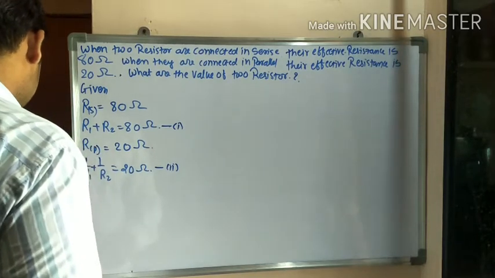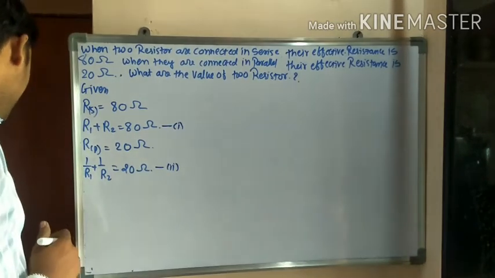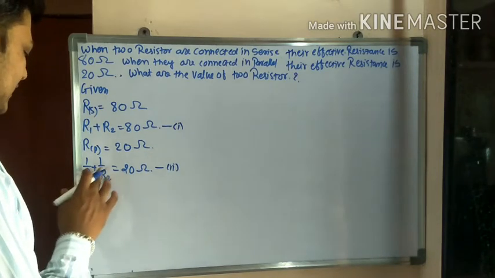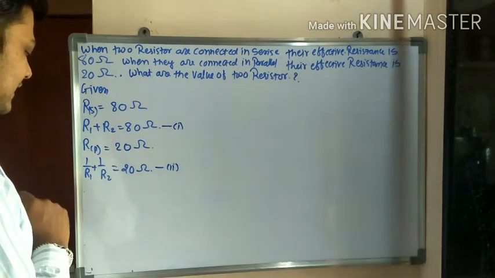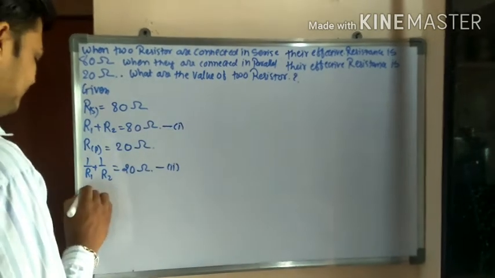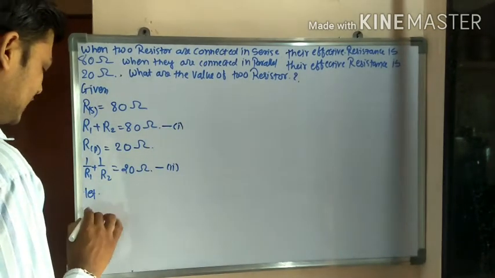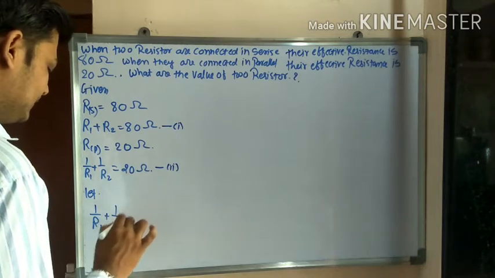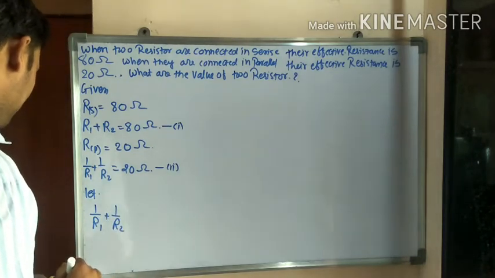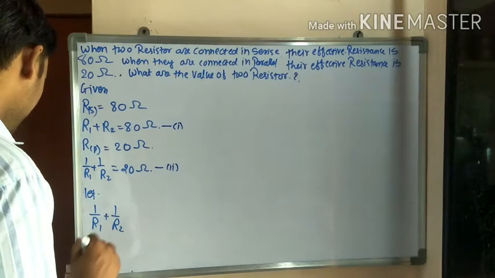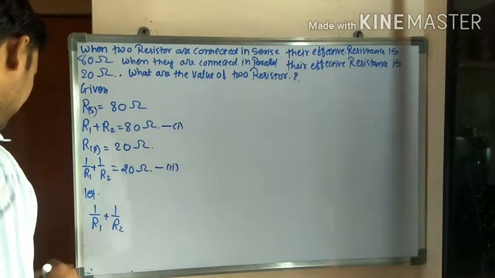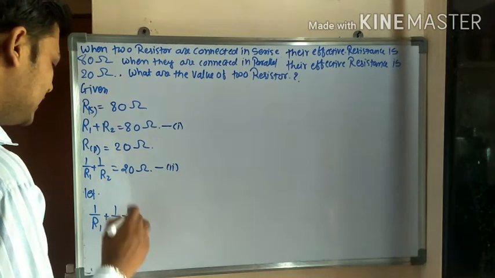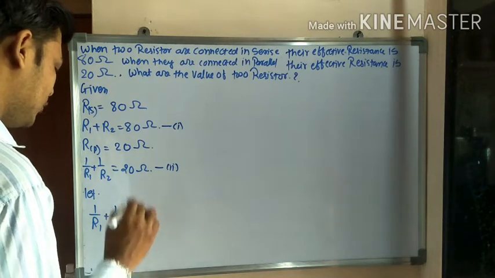Taking 1 upon R1 plus 1 upon R2 is equal to the total resistance, which is given as 1 upon 20.